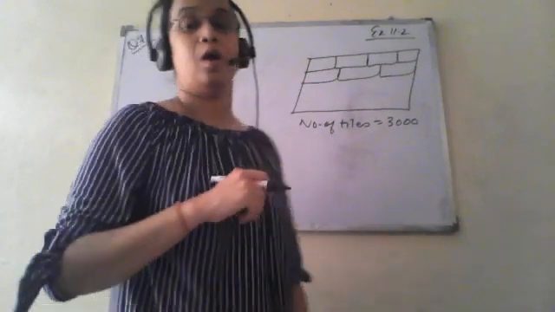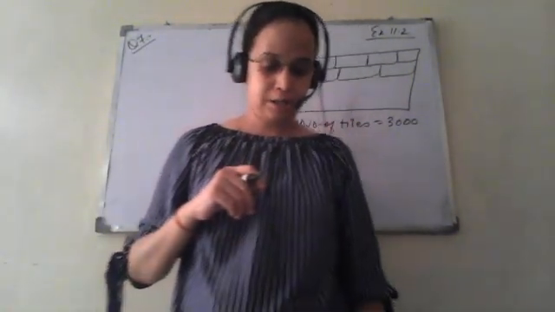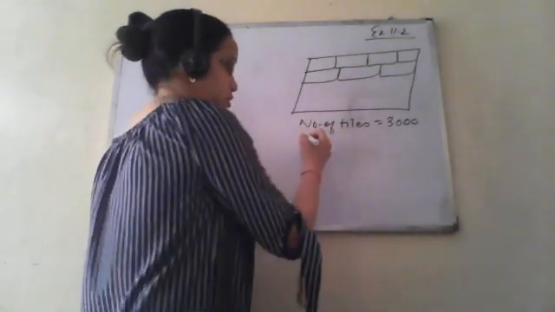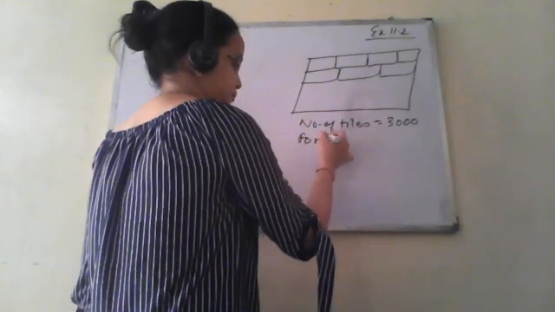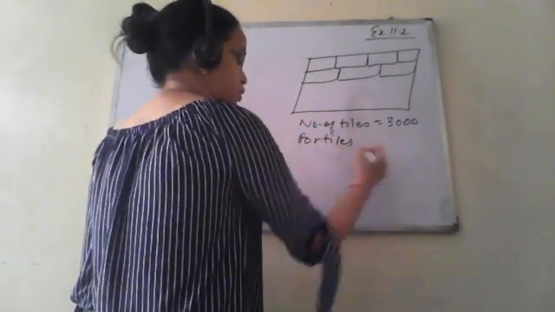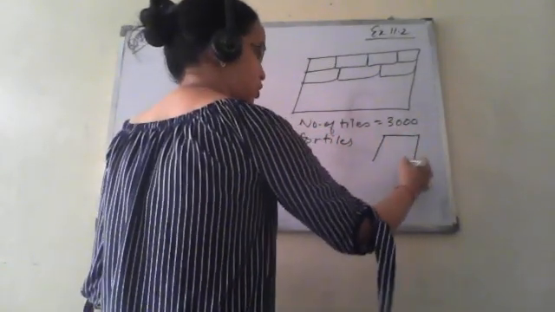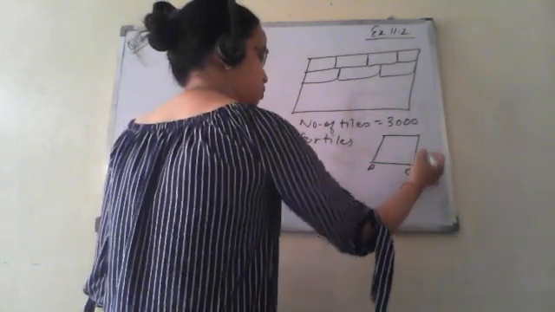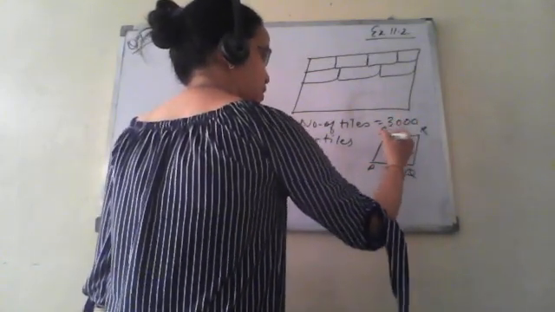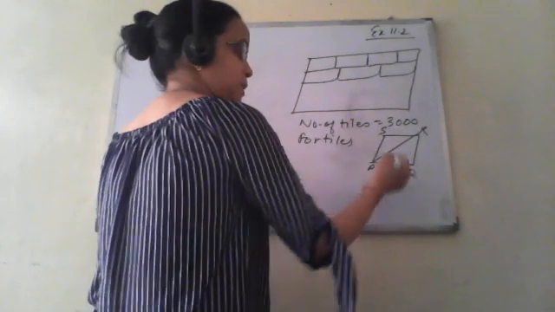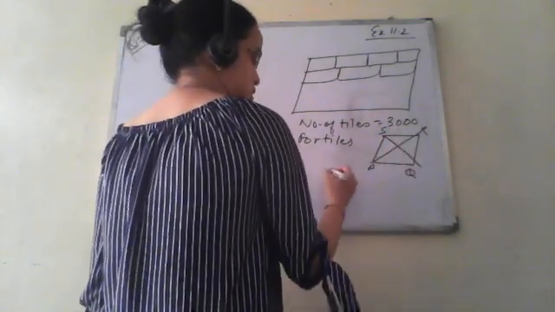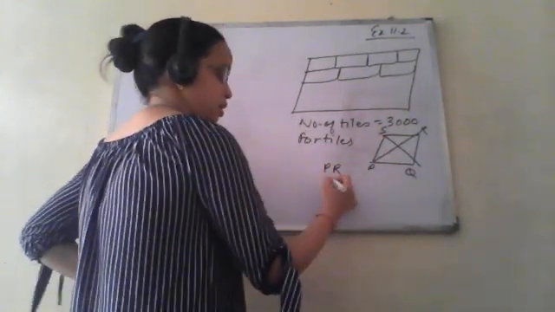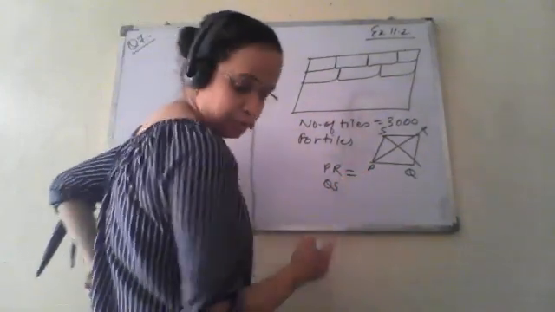These tiles are rhombus shaped and their diagonals are given. So for the tile, I'm drawing a small shape. This is PQRS. This is one diagonal PR and this is another diagonal QS.